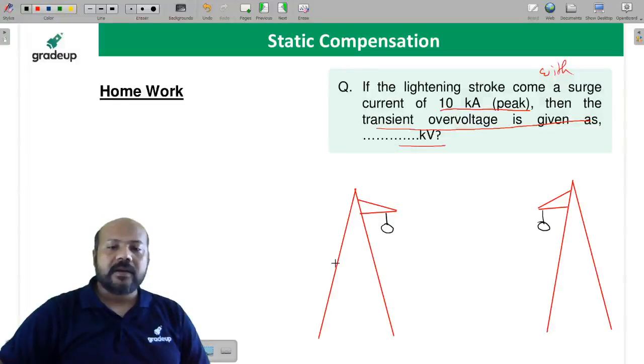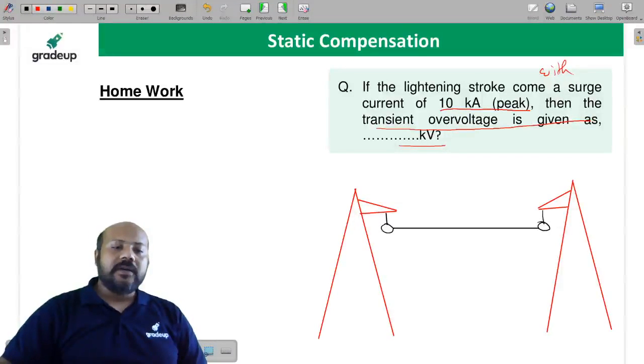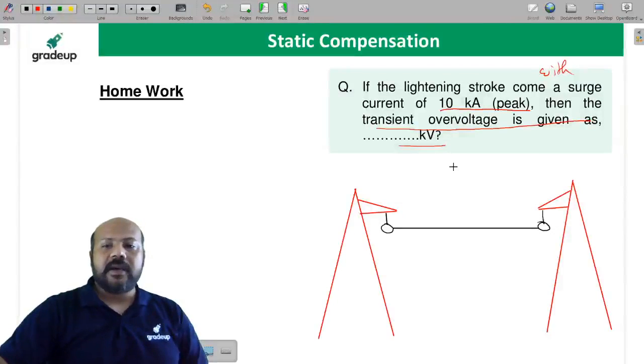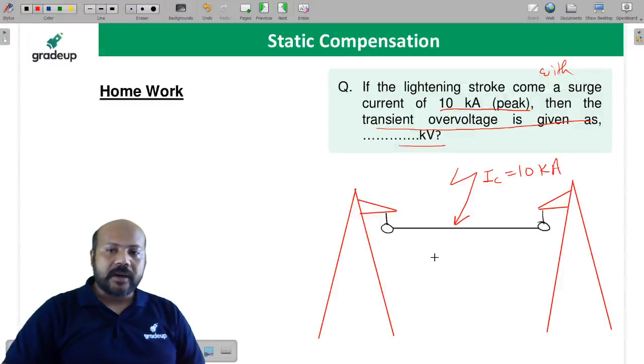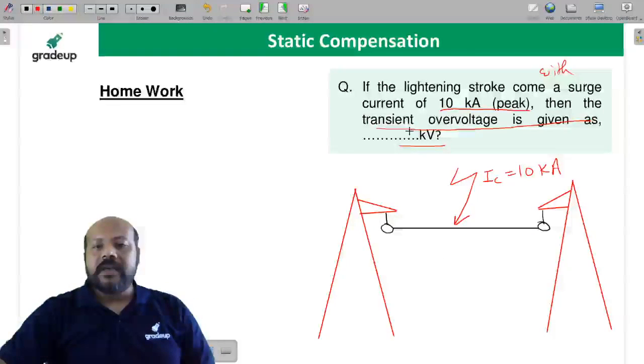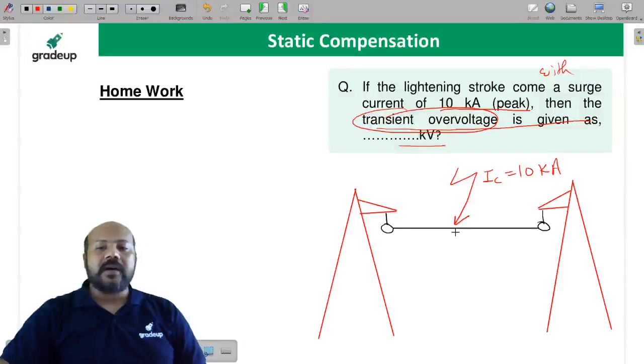Now he is saying when the lightning falls with IC equal to 10 kilo ampere, then what is the transient over voltage which may occur in the system?